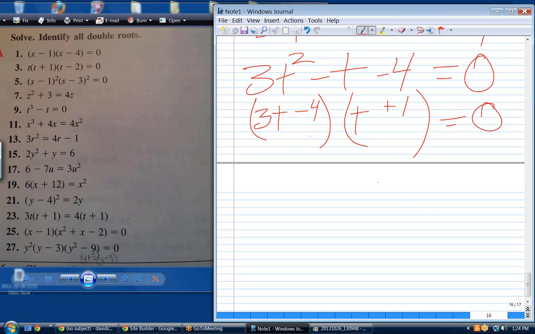Okay, cool. So what are the answers here? T is equal to what?